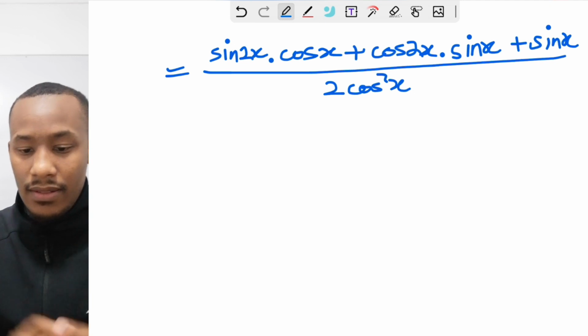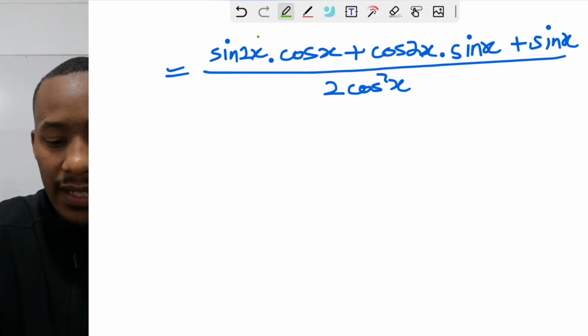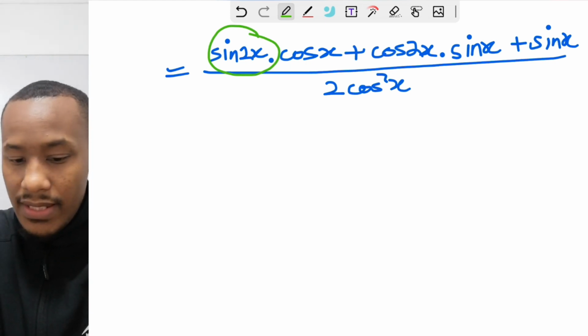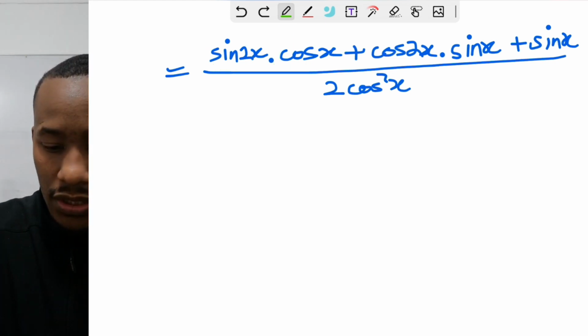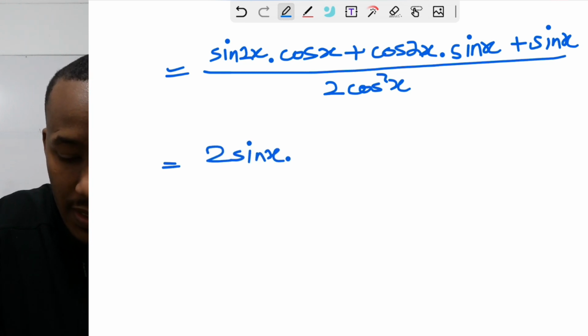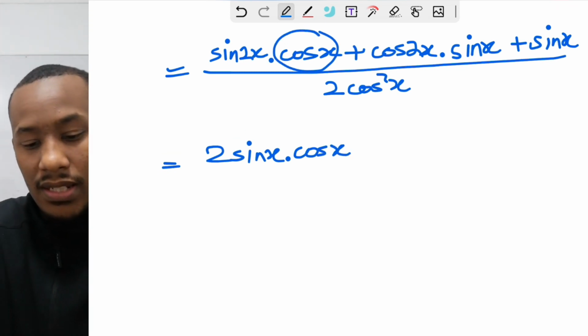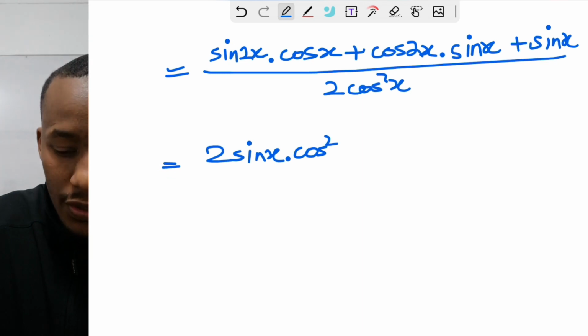Let's see. I think we can break this up. Let's change the sine 2x into its identity, 2 sine x cos x. But now you're going to multiply it with this cos x, so that gives 2 sine x cos squared x.